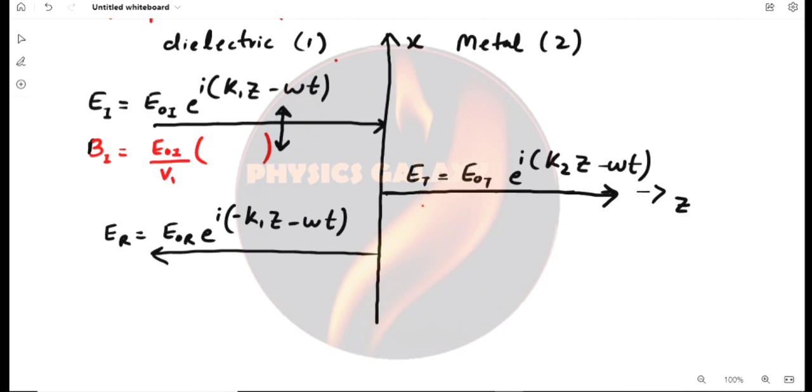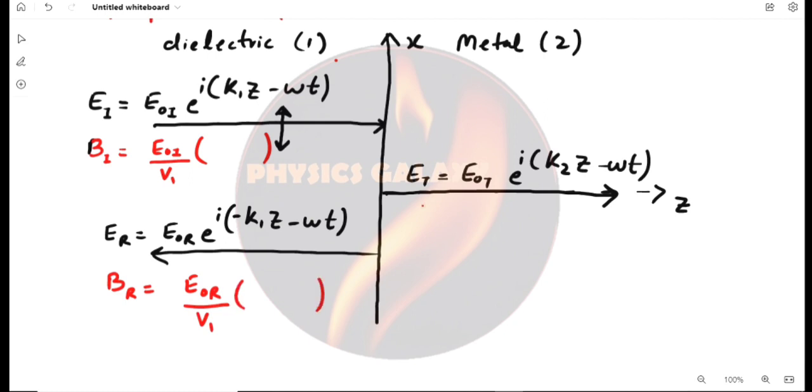Similarly for the reflected light, the magnetic field B_R has the same amplitude of electric field divided by the velocity of light, E naught R upon v1, and the same exponential factor.